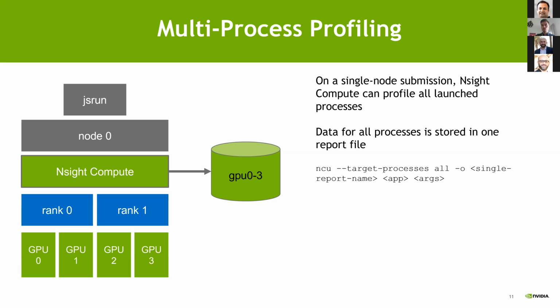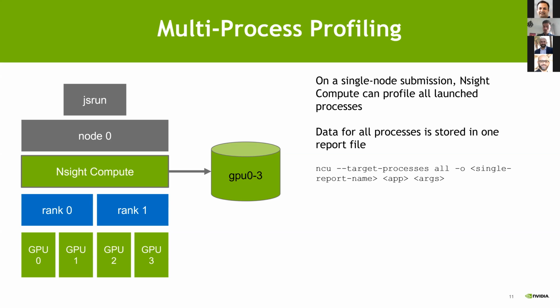The most trivial one, on a single node submission: Nsight Compute can profile all launched processes. Or to be more precise, all processes launched by a single root process, the MPI launcher, for example. And if you set it up this way, then data for all processes is stored in one report file.